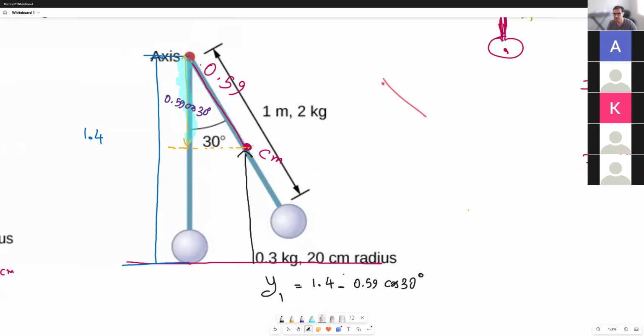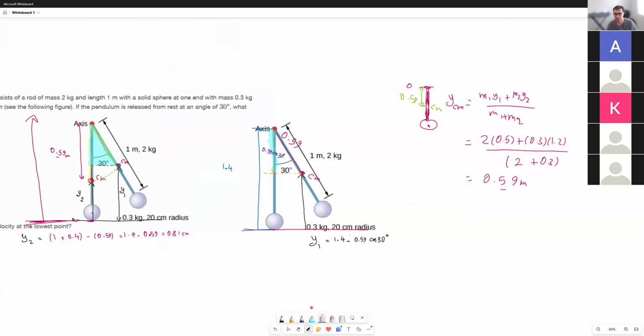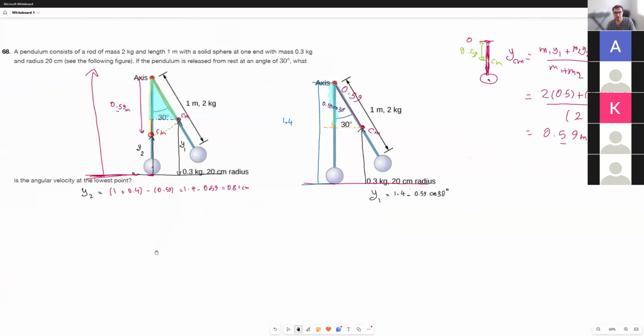You have a triangle like this. This is 0.59, 30 degrees. This is going to be 0.59 cos 30. Yes, Professor. And the y1 is going to be 1.4 minus 0.59 cos 30. That's it. The problem is now solved.